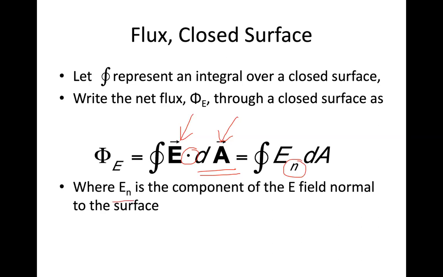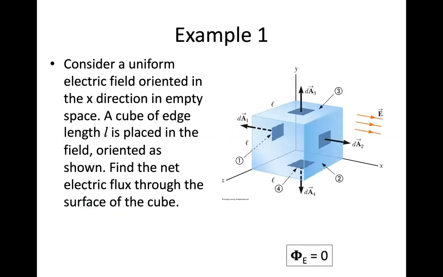Now there's no dot product anymore. It's gone away, and my vector notation has gone away because I'm already calling that the part of the electric field that is normal to the surface. We'll see this in action. I'm a firm believer that we learn by doing, but notice how these all say the same thing.